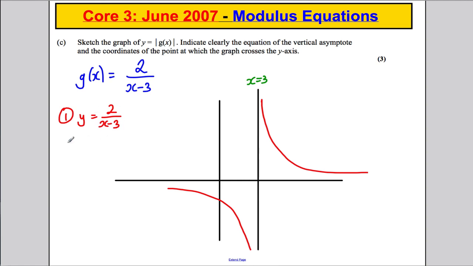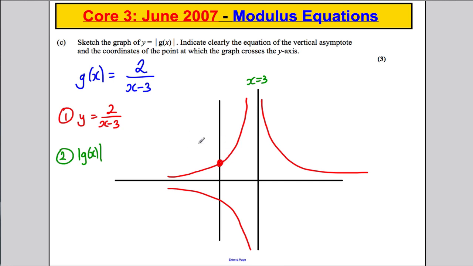That is that graph. But step 2, the modulus of g of x, well, that's like reflecting the negative part, making the negative part positive. So it would be like reflecting this up like so. And then we need to state, obviously, what that point is there. It asks us to indicate the coordinates where it crosses the y-axis.